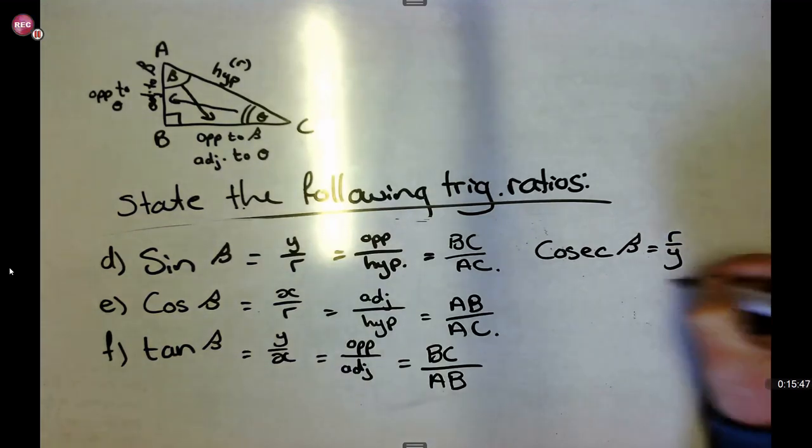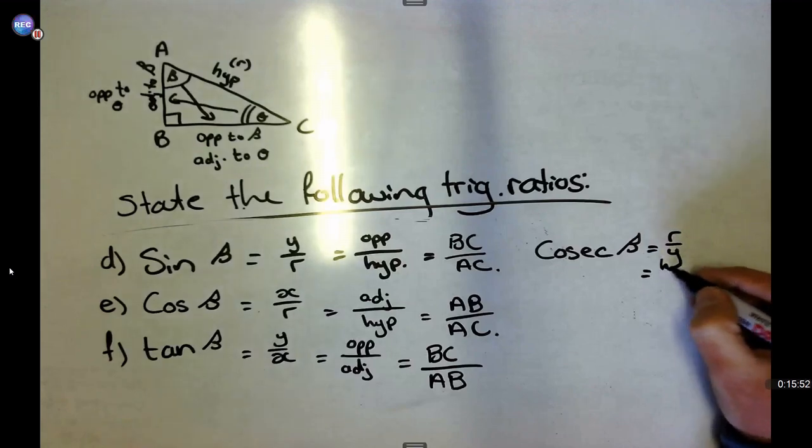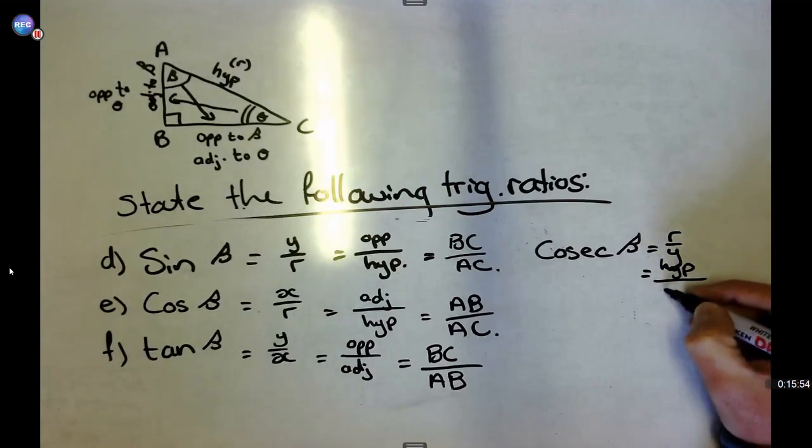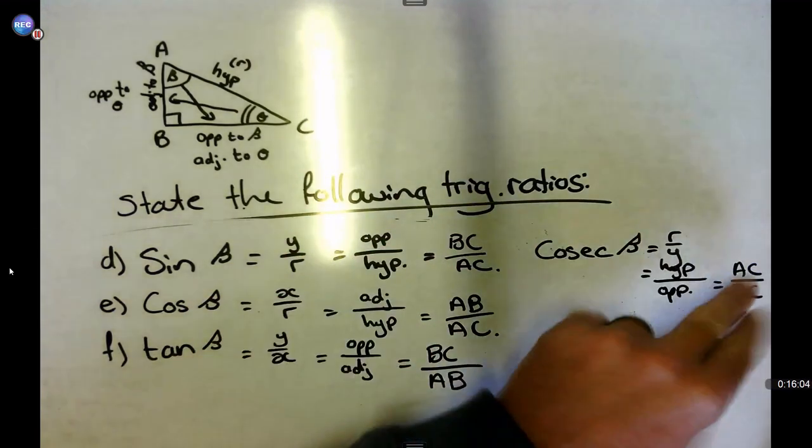That is hypotenuse over the opposite side, which gives AC over BC. So you see it just swaps around.